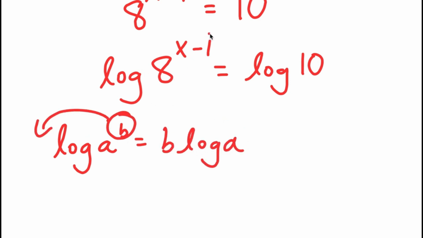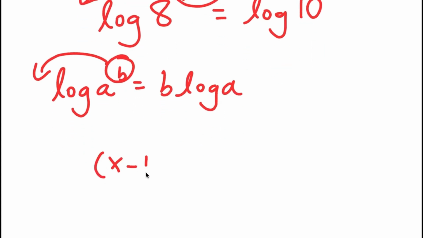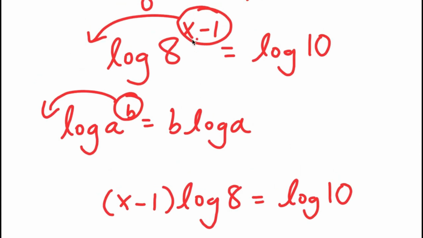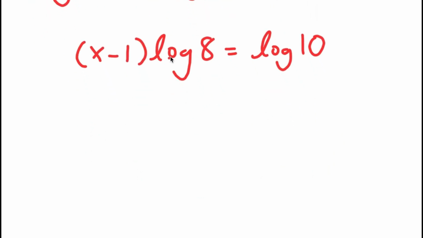So log 8 to the power of x minus 1, I can move x minus 1 to the front, and I get x minus 1 times log 8 is equal to log 10. And this property is really important because before, x was an exponent, and it's really hard to solve an exponential equation, but now we moved x, and now it's a real term, and it's much simpler to solve.